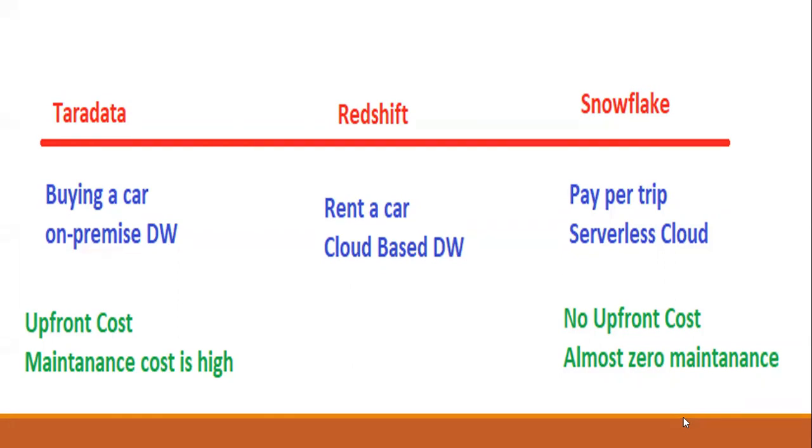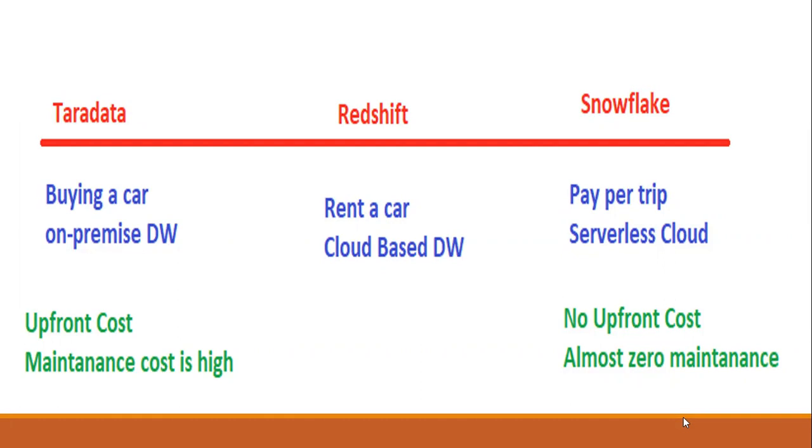Whatever we use in Snowflake, we pay. We will not pay any extra amount, any upfront cost, or any maintenance cost. We pay only for what we use. As with Ola or Uber, if I travel 4 kilometers, I pay for 4 kilometers. If I travel 6 kilometers, I pay for 6 kilometers.